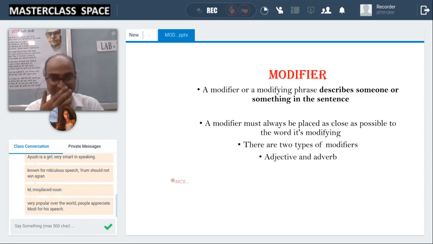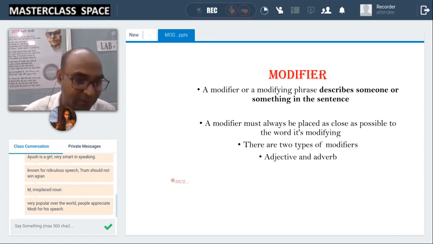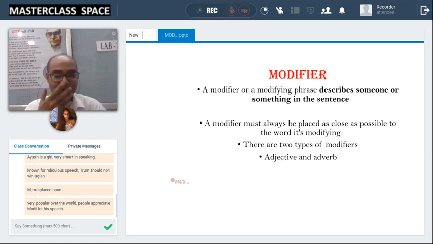Now look at the sentence. The first part says very popular over the world, and after that it is people. So the people are not very popular over the world, but it is Mr. Modi, right? So after the comma it should be Modi, not people. So the correct sentence should be: very popular over the world, Modi is appreciated by people for his speech. Okay.